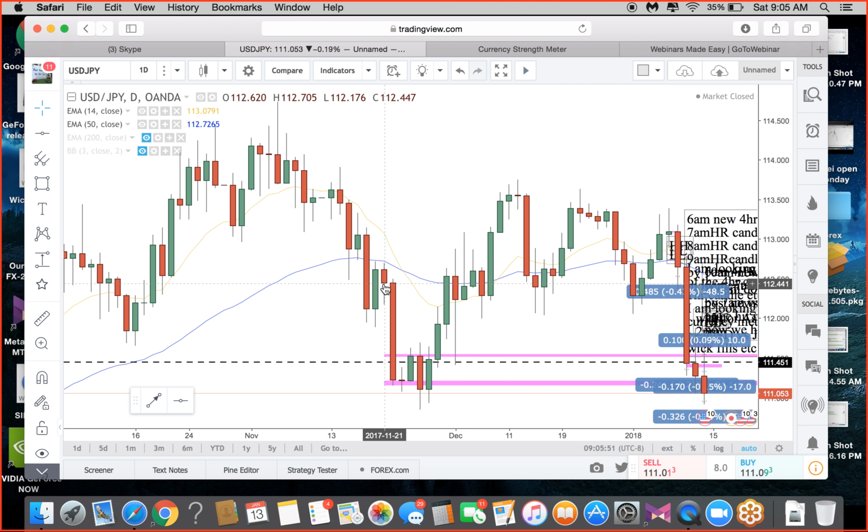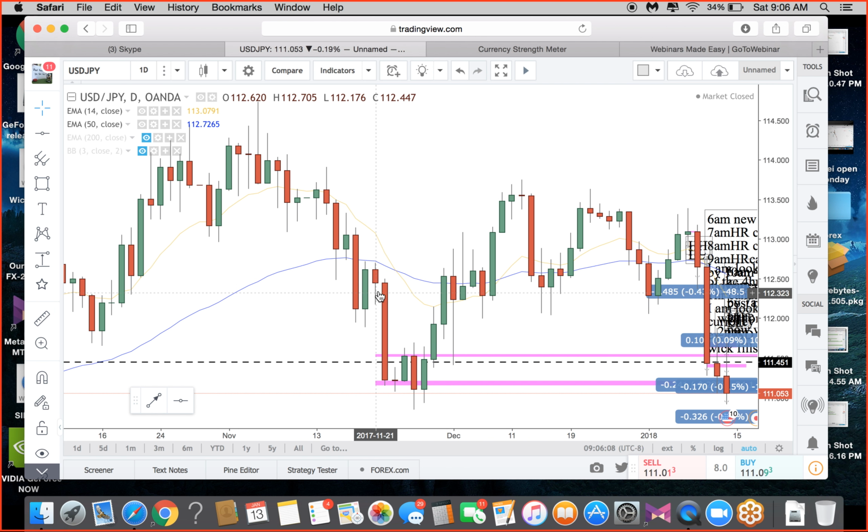It's not going to be as effective during New York session because we still have a few 4-hour candles until the Asian session opens. So even just by looking at daily wick fills, daily momentum, the new daily opens, we get momentum.